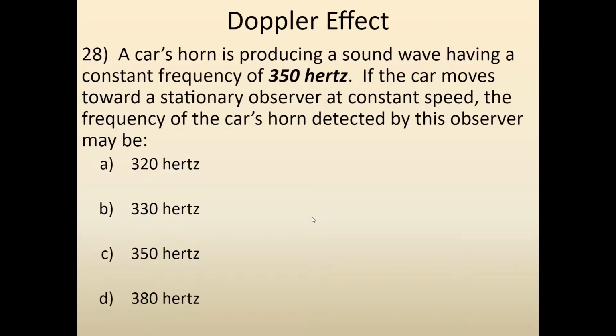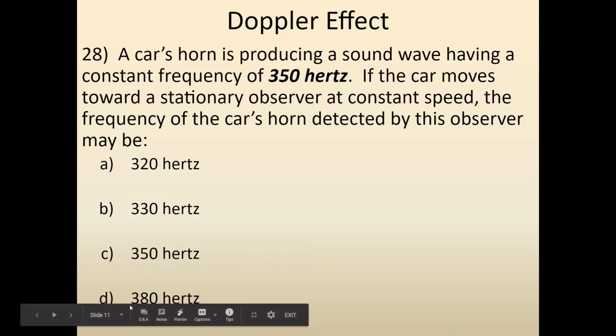All right, here's the next question. Pause the video, work on it, and we'll go over it in a second. All right, so here the car is once again moving towards the observer. We know that the frequency is going to increase, so the frequency has to be some number higher than 350, so it's got to be 380.